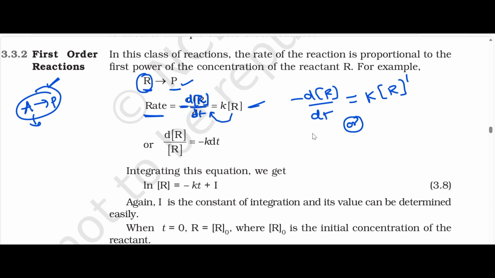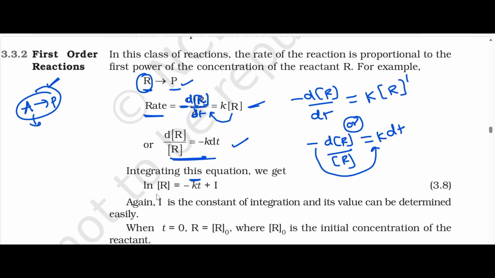I explained in terms of x, now he has taken in terms of R. So here I am writing minus dR by R equal to k dt. Or you may take this negative symbol across, so you will get dR by R equal to minus k dt. Is it clear?